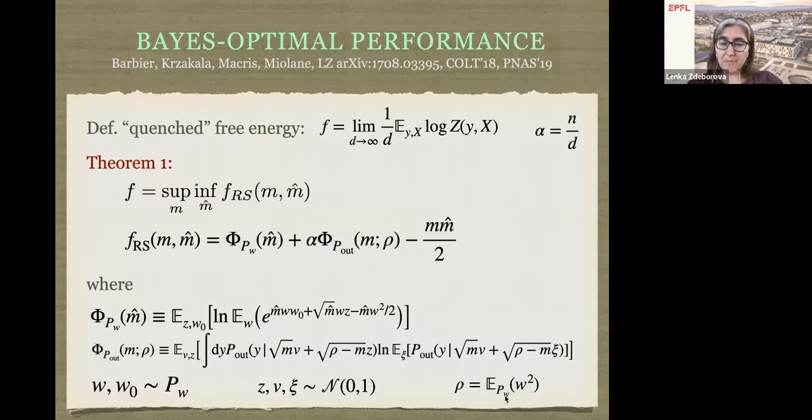But the bottom line here is that we reduce the high dimensional computational problem, where dimension d was very large, to something that is just a function of two scalar variables.